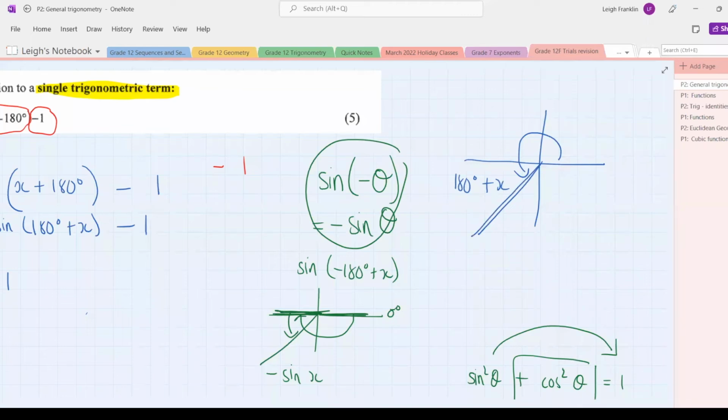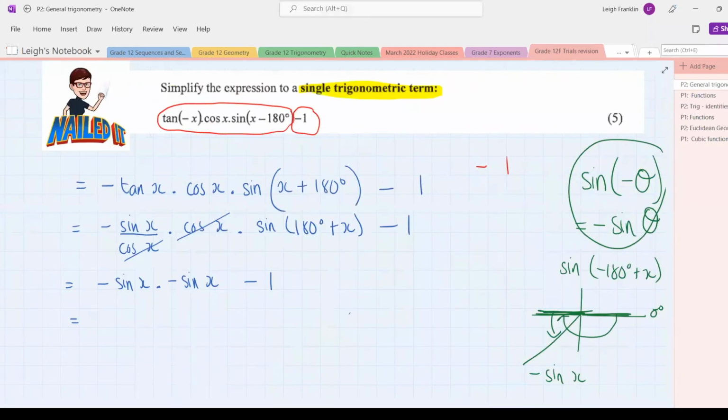In the 3rd quadrant, I know that sine x is negative. So the sine of 180 plus x reduces to negative sine x. Exactly, it's just a normal grade 11 reduction formula.